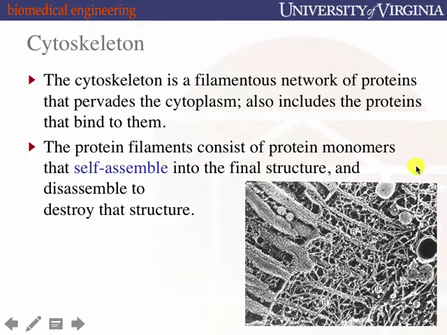Okay? As you can see here, this is an EM of the cytoskeleton, and you can see it is this fibrillar mesh network, right? It includes proteins that are self-assembling into a polymer structure, so monomers that will associate with one another through innate behaviors and form polymer structures.